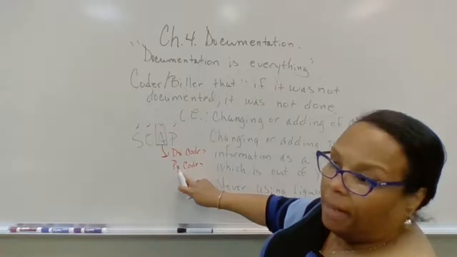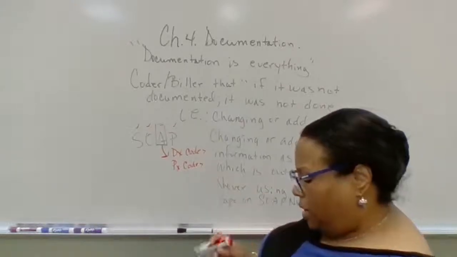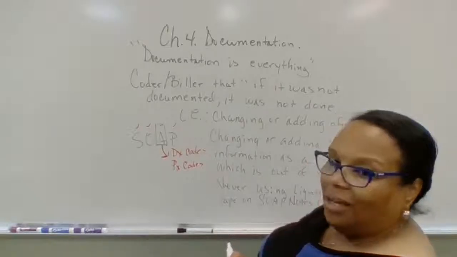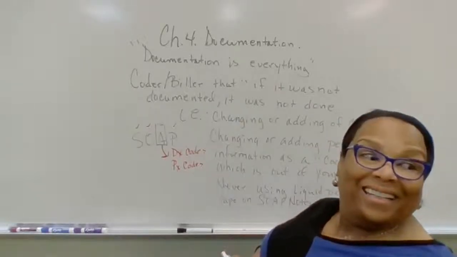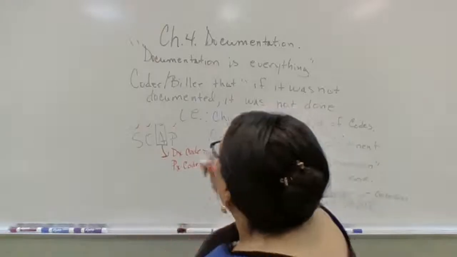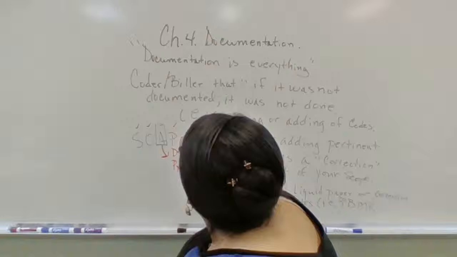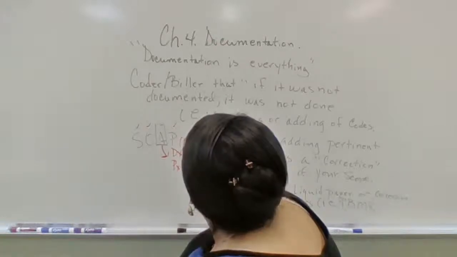Does everybody understand that? Diagnosis code does what? What does diagnosis code tell? What is that, Ashley? What's wrong with the patient? What's wrong with you? Or what is your CC?